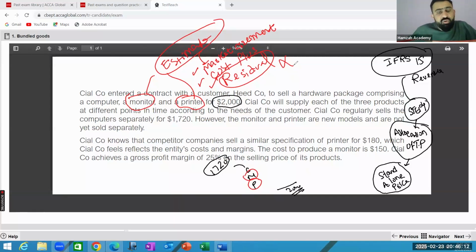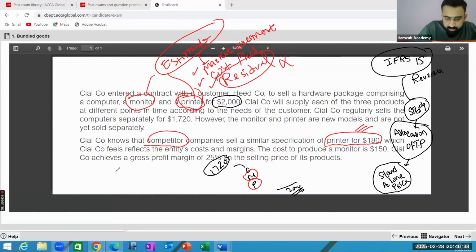In our question, for the printer, we can use the market assessment approach, where we have information that one of our competitors is selling a printer at 180.